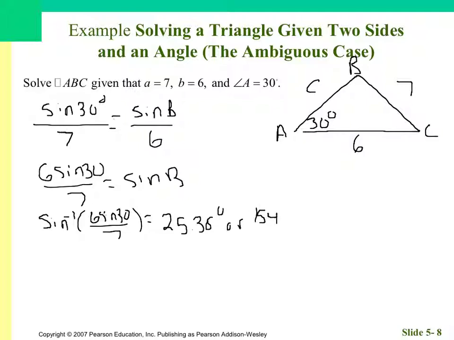Or it could be, you have to check, because it's possible there could be two triangles, 154.62. But why can't it be that? Well, because if I did 154 plus 30, it'd be 184. There's only 180 degrees, so it doesn't work. So we know the measure of angle B is 25.38. So then do 180 minus 25.38 minus 30.